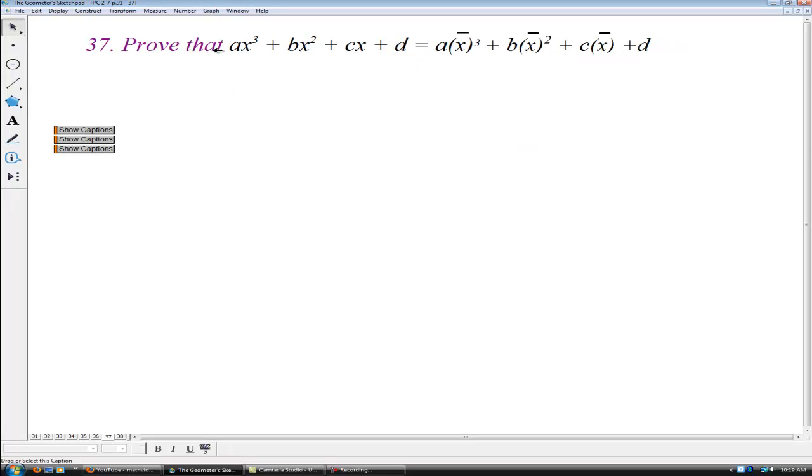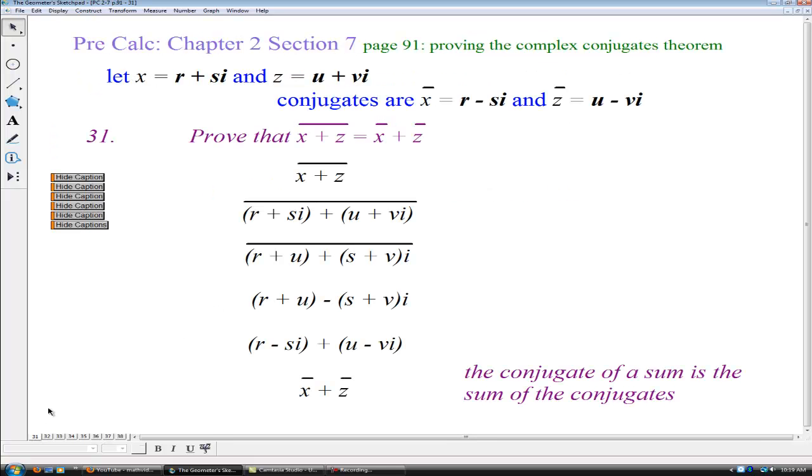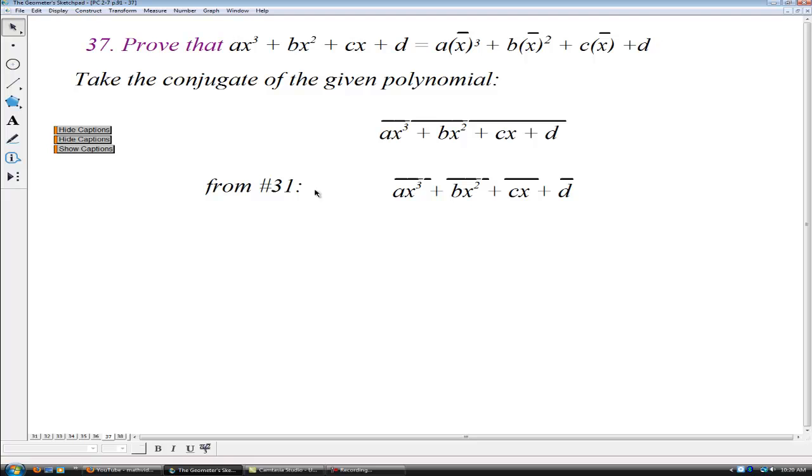Number 37, prove that a cubic polynomial is equal to the same polynomial in terms of the conjugate of x. So let's start by taking the conjugate of this polynomial. And if we review back from number 31, 31 stated that the conjugate of a sum equals the sum of the conjugates, and we're using that for our first step here.